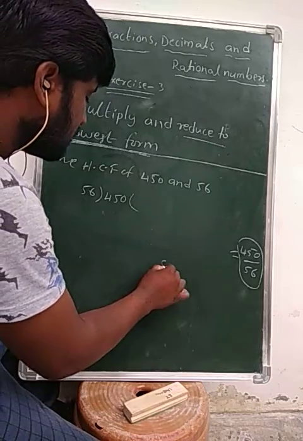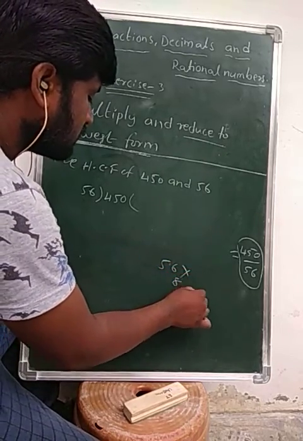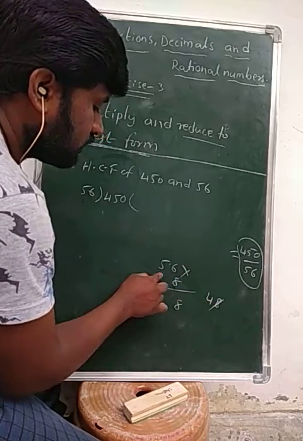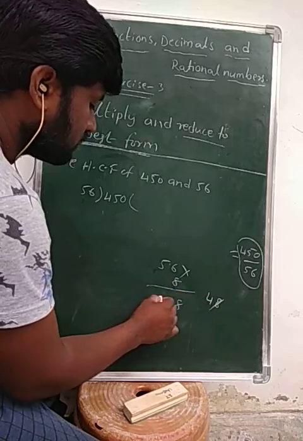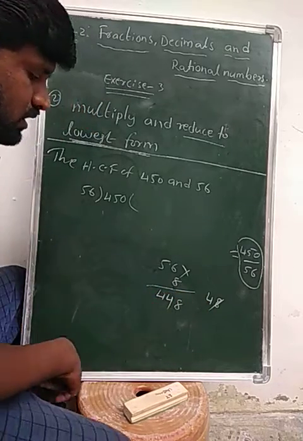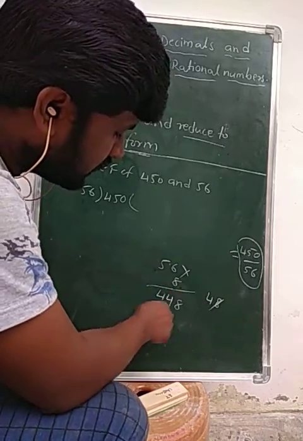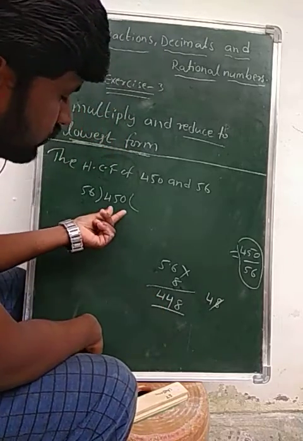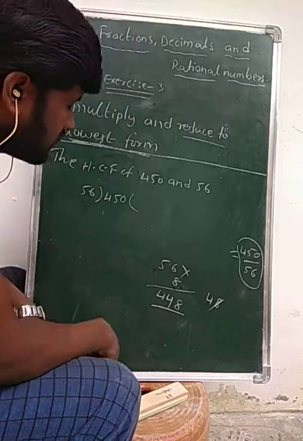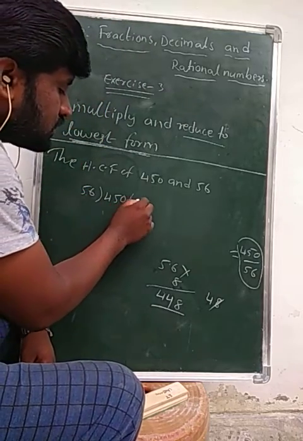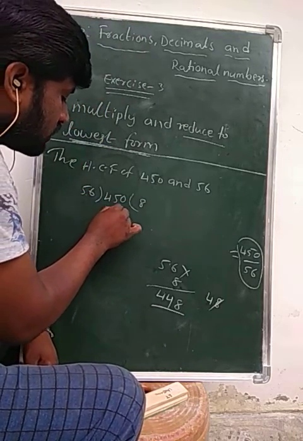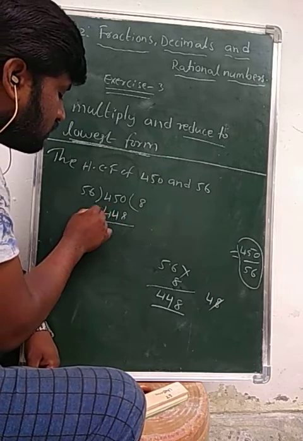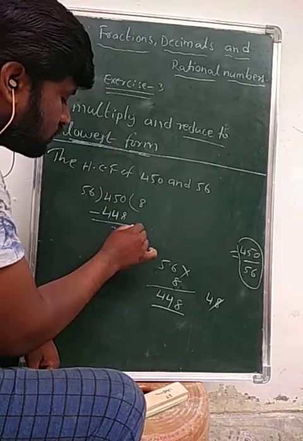Again I'm estimating 56 into 8. 8 6s are 48, 8 5s are 40, 40 plus 4, 44. So 56 8s are, I get 448, which is very close to 450. Yes, so that's why 56 8s are 448, and by doing subtraction 450 minus 448 we get 2.